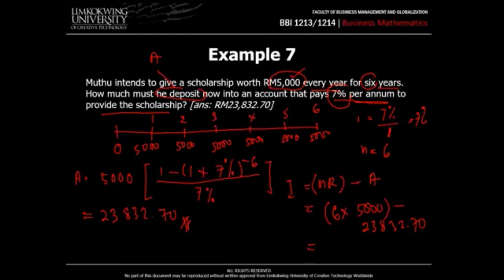Then what is the final answer? RM 6,167.30. When it involves money, you have to give 2 decimal places.